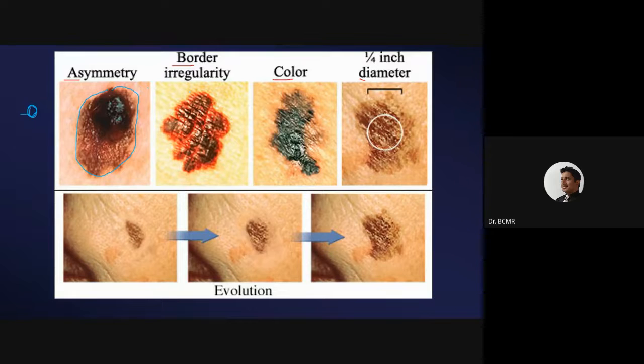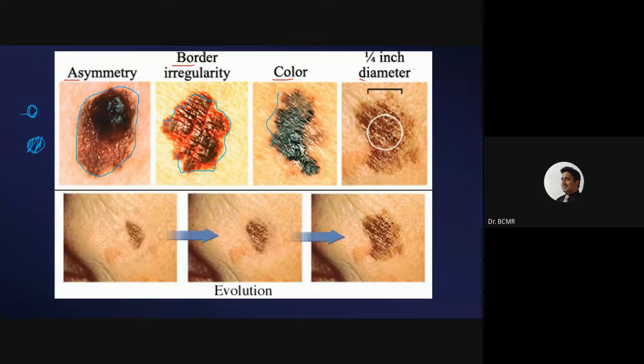Second thing is the borders are irregular. In moles, you have smooth borders, whereas here you see irregular borders like this. Third one is coloration. A normal mole on our body will have almost uniform coloration, whereas in melanoma, you might find different types of colorations.